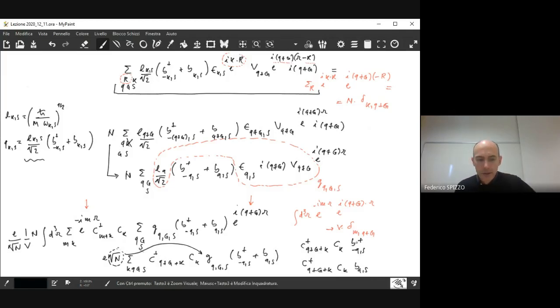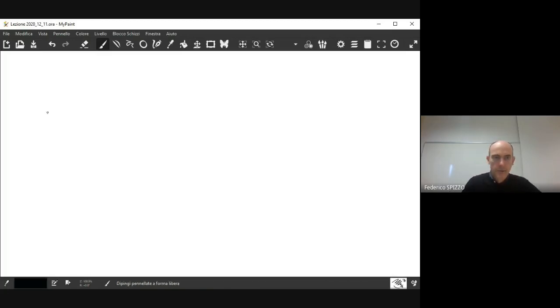What corresponds to the first operator? I write those on a separate page, so we have more space.